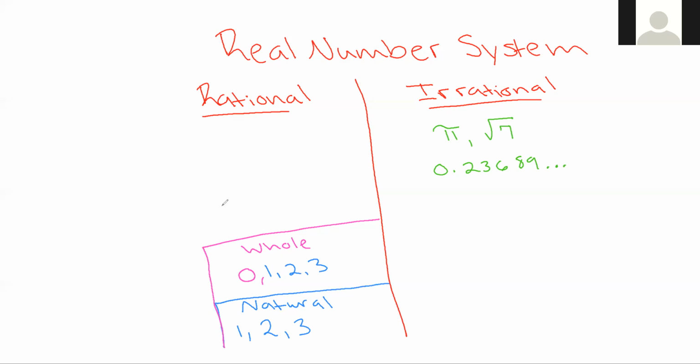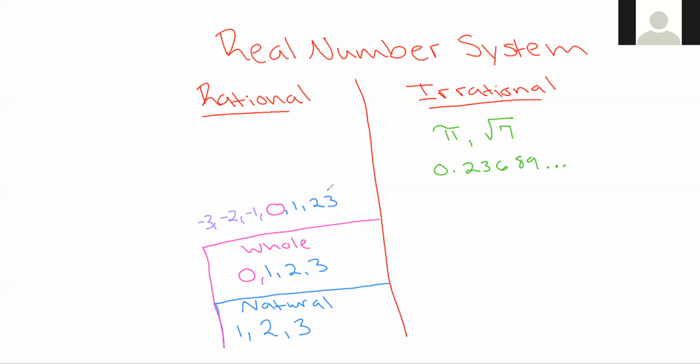Okay, so our next level is our integers. So our integers contain all of our whole numbers. So that's our 0, 1, 2, 3. They also contain all your natural numbers because that's our 1, 2, 3. And then what makes integers different is the fact that integers also have your negative numbers. Or you can say your whole numbers and their opposites.